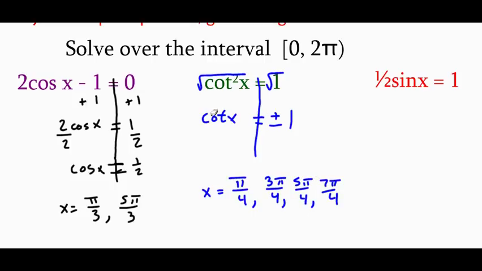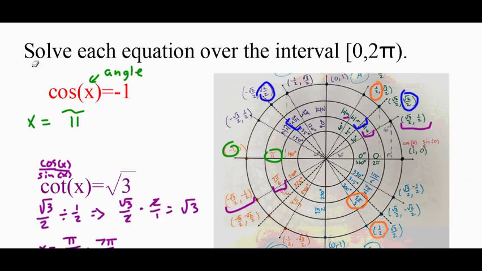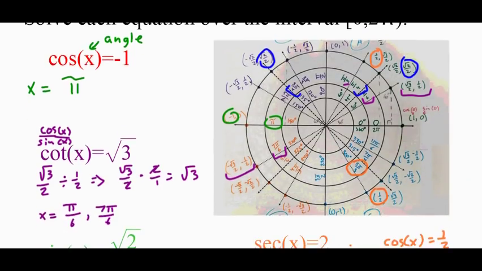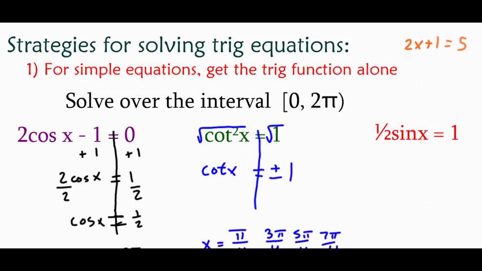And the way I can confirm that is if I back up to my unit circle. Remember, cotangent is cosine over sine. We covered that. I just have to look and see when are they the same. Cosine over sine is 1. Okay, there's my first one. Next one is the negative. And so on all the way around the circle to get my 4 possible solutions.